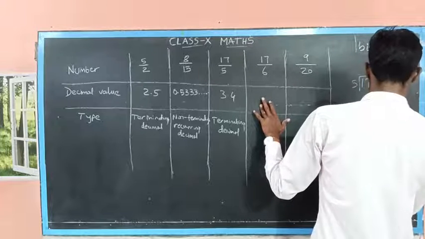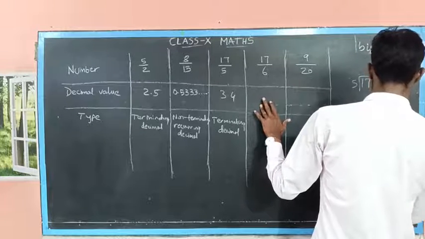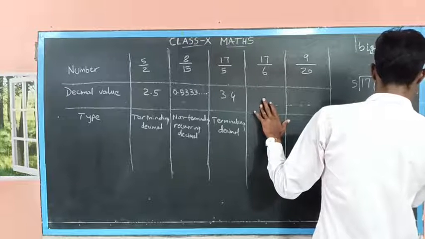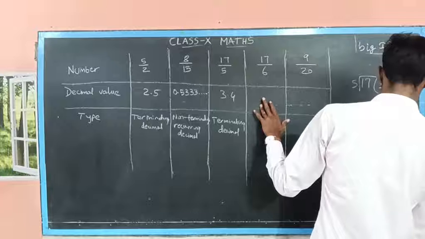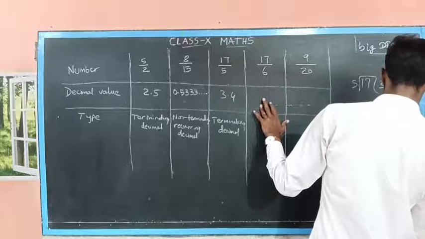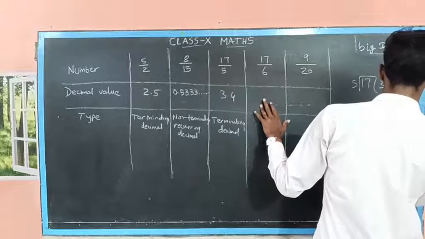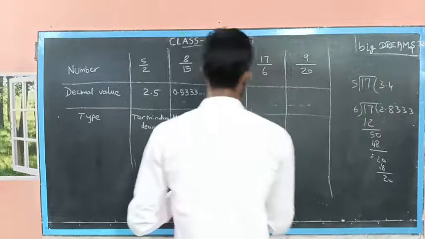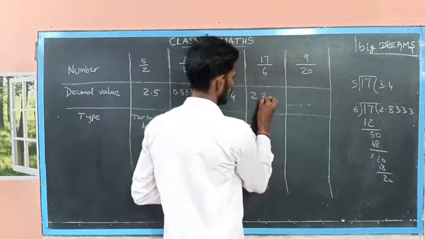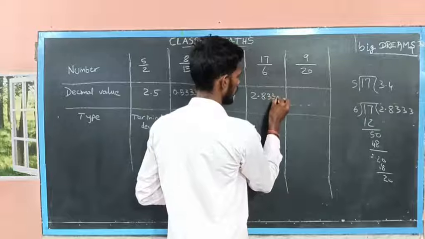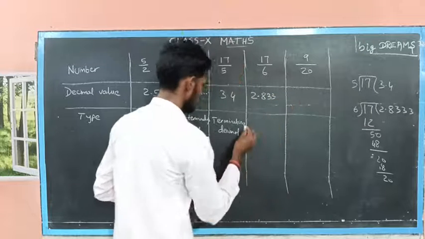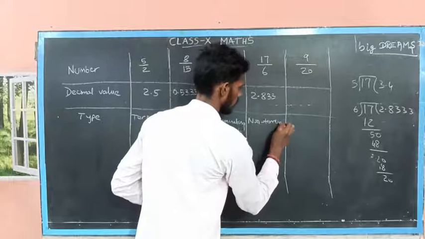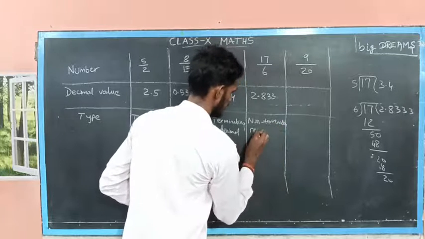Here the quotient is 2.8333, 2.833, like that it goes on. So it is a non-terminating recurring decimal.